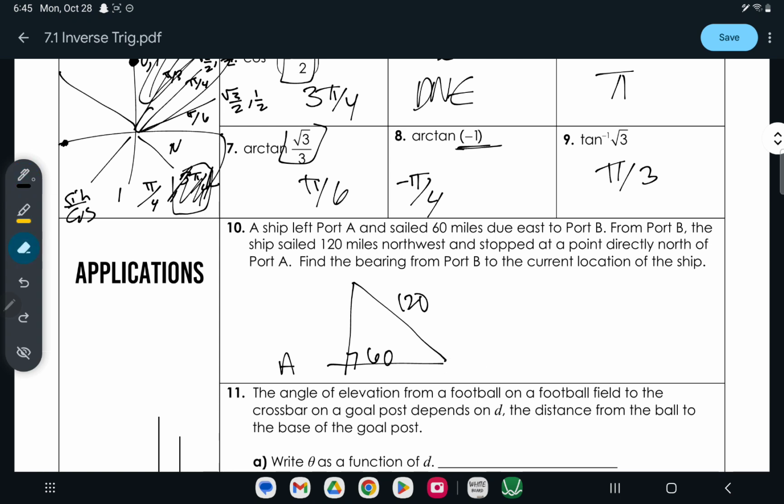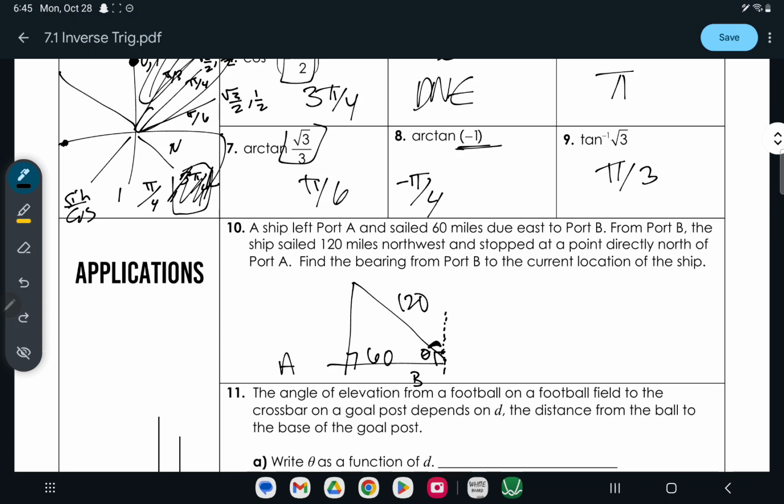Okay. Move this over. So bearing is this piece right here. So what I need to do is find this theta here and then subtract it from 90.